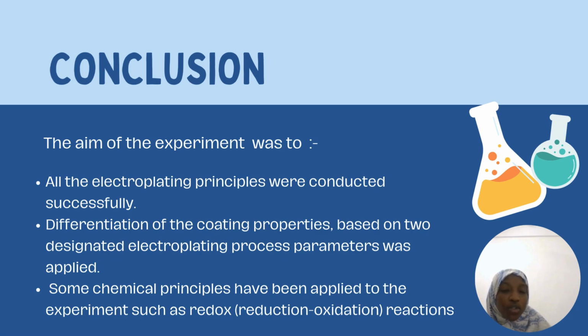That means if you need to conduct this experiment, you need an electrolyte solution, and that's why we decided to use sodium carbonate as the electrolyte solution, and it has effectively worked for us and gave us the exact right results and calculations. That was the first principle.